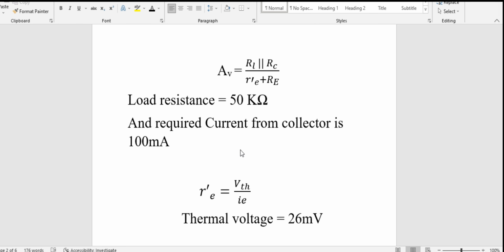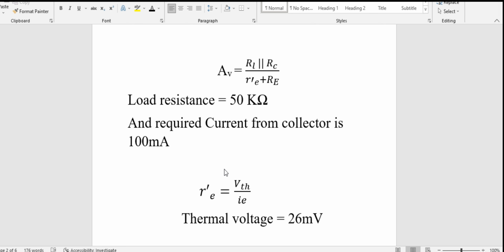Actually the diode here means that in every configuration, whether common emitter, common collector or common base, our base emitter junction should be forward biased. Whenever it is forward biased, it acts as a diode.